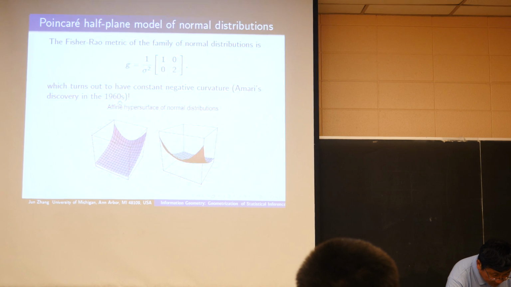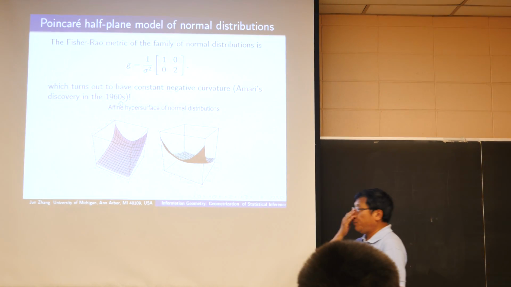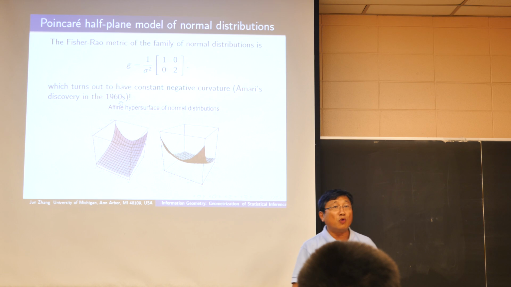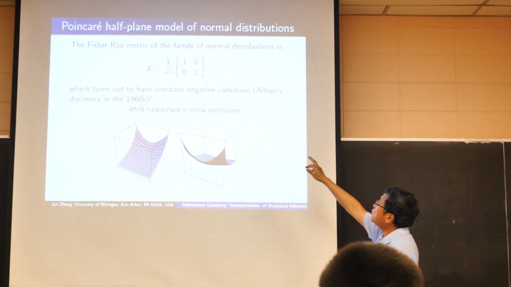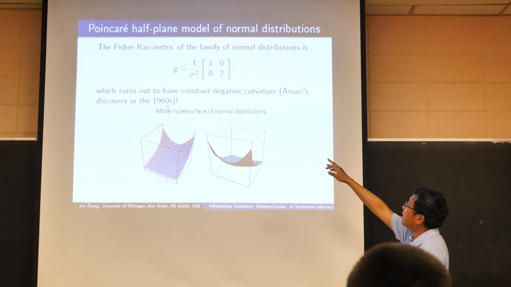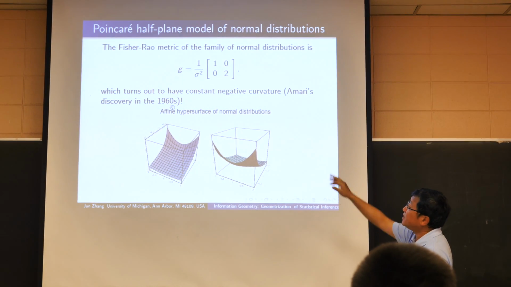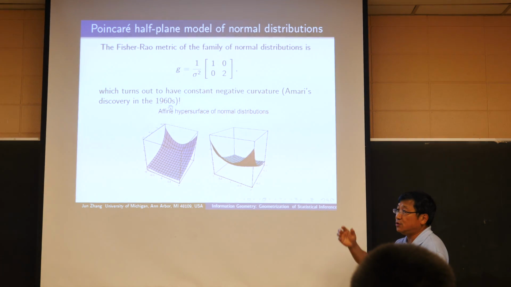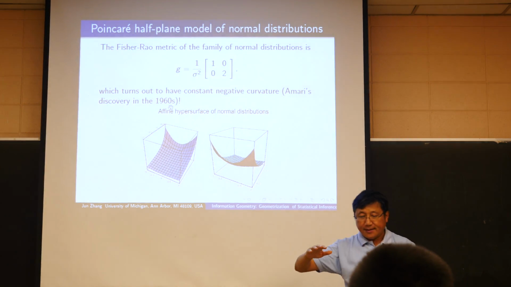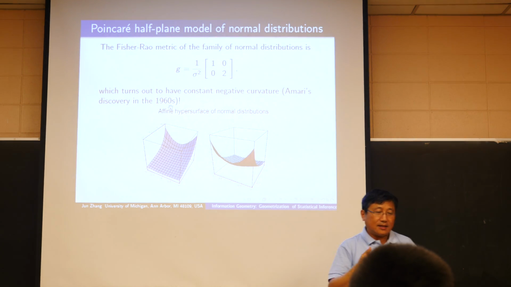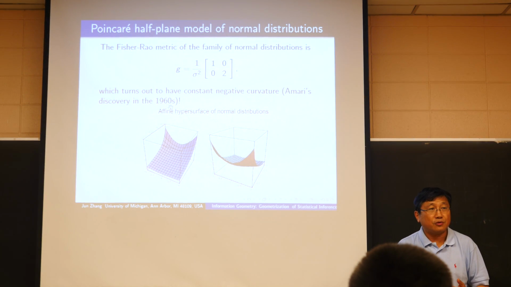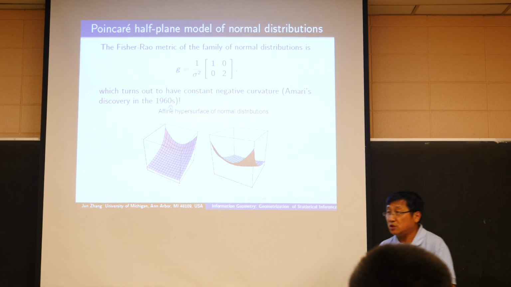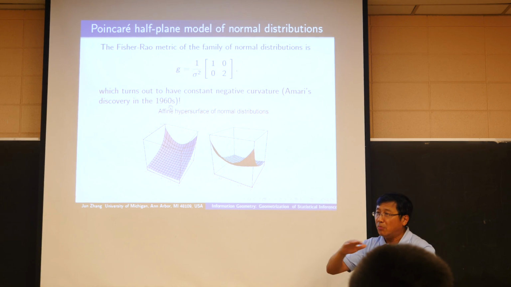In fact, it turns out that if we put this sort of Fisher-Rao metric, which we'll talk about later on, the normal distribution has a metric with constant negative curvature. So when we choose the right kind of metric, the upper half plane is a plane endowed with constant negative curvature, which is the simplest model, the Poincare half plane, and that's the simplest kind of geometry.